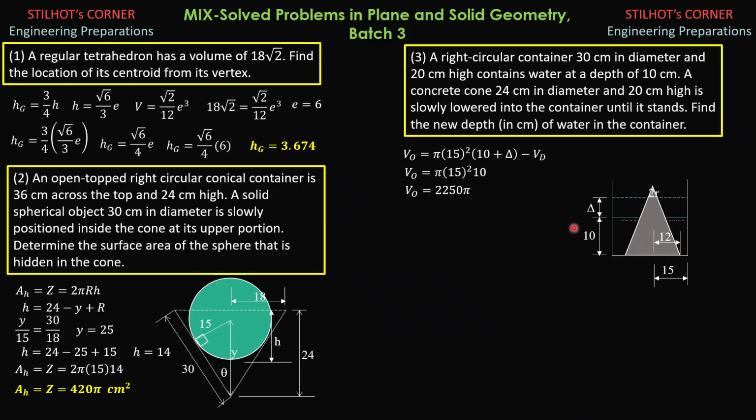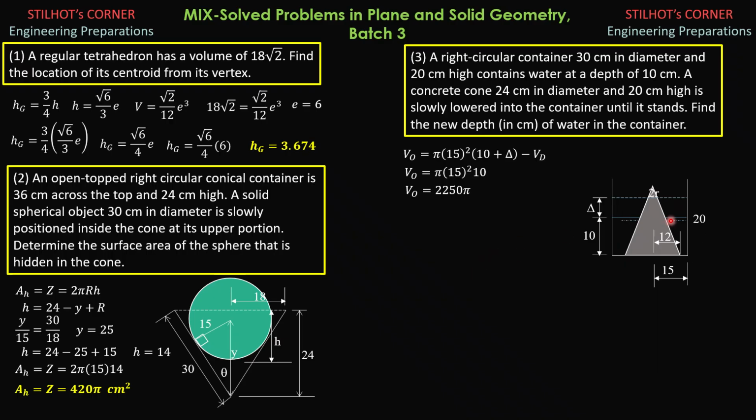So volume is pi, altitude 10 plus delta over 3, quantity big radius square, 12 square, plus small radius r square, plus 12 square, plus big radius 12 times small r, then plus small r square. That's the volume: pi times 10 plus delta over 3, quantity 12 square plus 12 times r plus r square. Then we relate r with delta so that we can solve the problem.